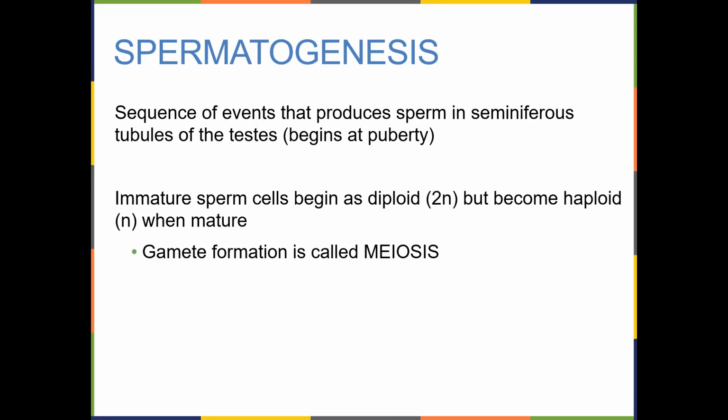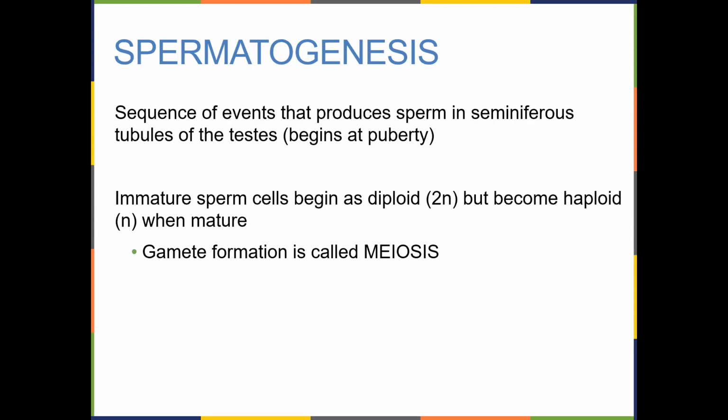So, okay. Changing gears completely, spermatogenesis, the creation of sperm, takes place in the seminiferous tubules in the testes. It starts at puberty. So whenever puberty occurs, whatever age the male starts puberty, 10 years old, 12 years old, 14 years old, that is when sperm production starts.